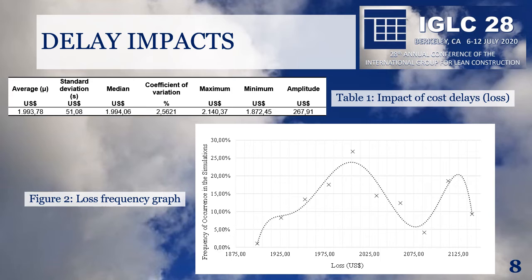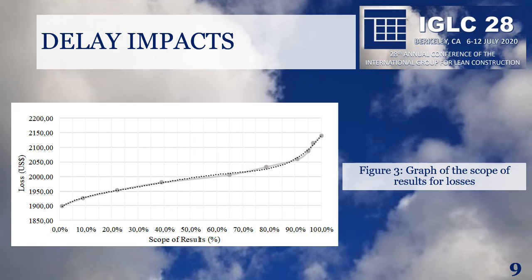An equation was developed that allows a quick assessment of the frequency of occurrence of the simulated data when entering the value of loss of interest. Through the analysis of the data, a relationship of coverage of the results with loss was obtained, present in Figure 3.